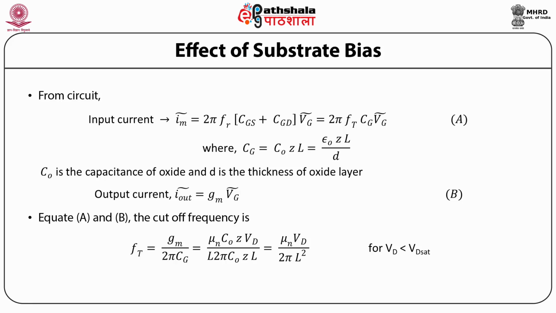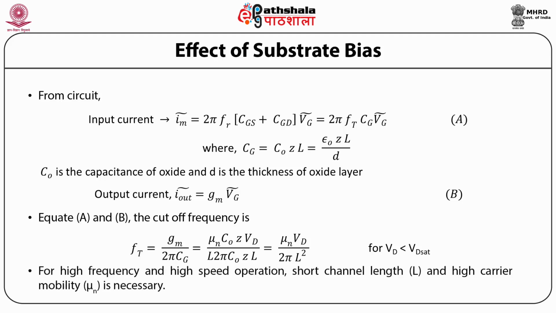This is equal to mu n Vd by 2 pi L square for Vd less than Vd saturation. For high frequency and high speed operation, short channel length L and high carrier mobility is necessary.